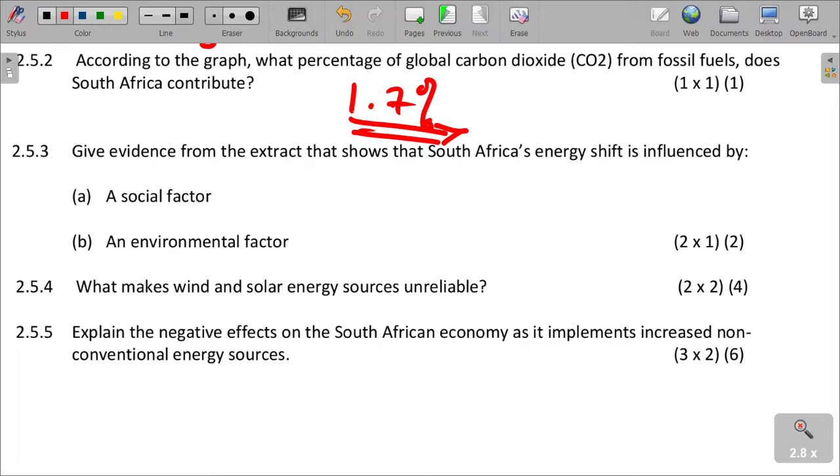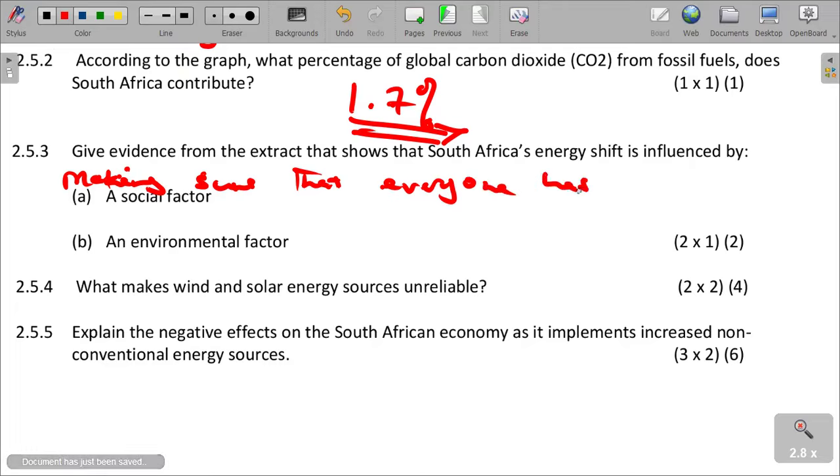It makes sure that everyone has access to reliable and affordable energy.